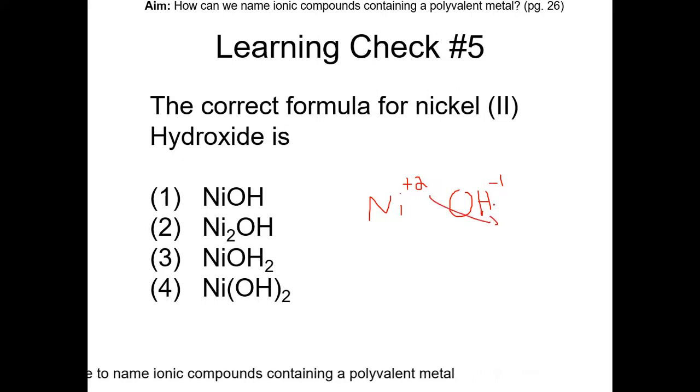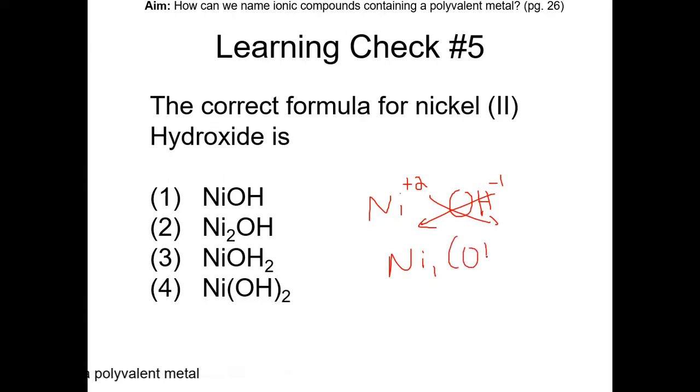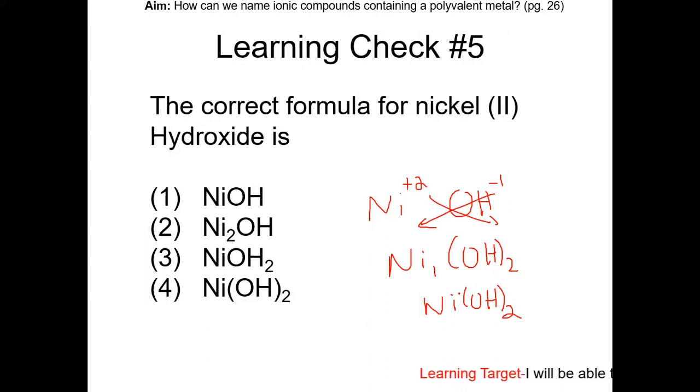Now we crisscross the charges, you get nickel, and since the subscript is greater than 1, you have to put parentheses for the OH. And now the 1 is invisible, so we get Ni(OH)2. So this is nickel(II) hydroxide, so the answer is choice 4.